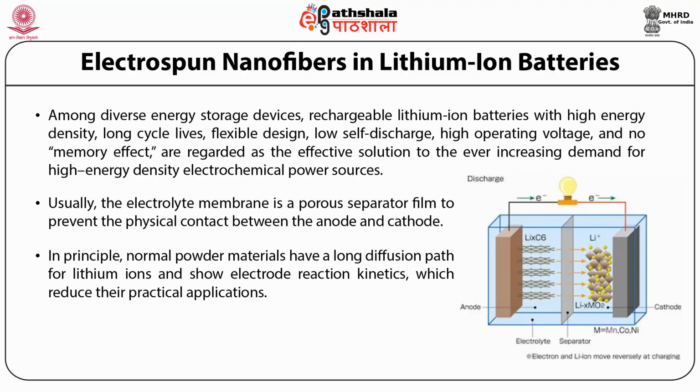Fast intercalation kinetics arise from the large surface to volume ratio, and decreased charge transfer resistance at the interface between the electrolyte and the active electrode material, since a large number of lithium insertion sites can be provided.